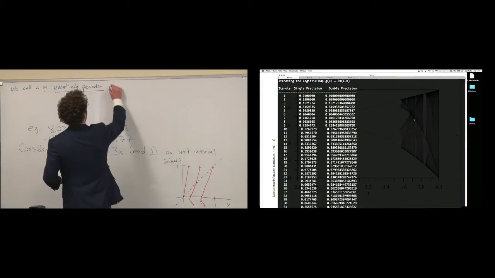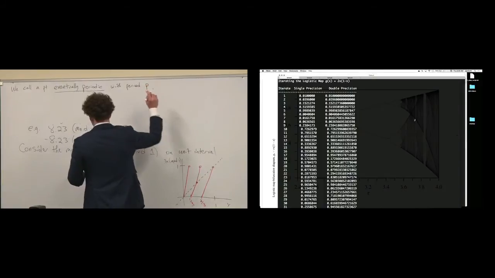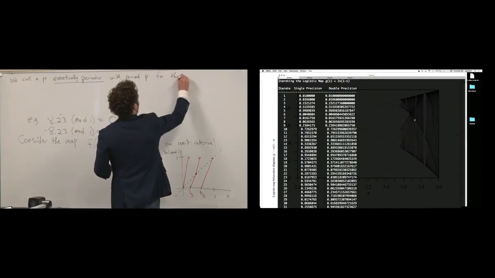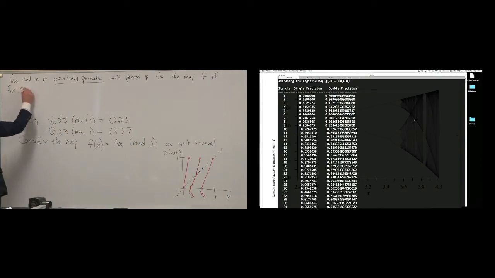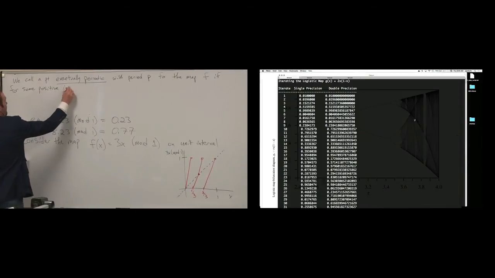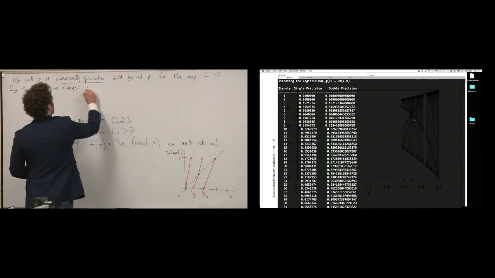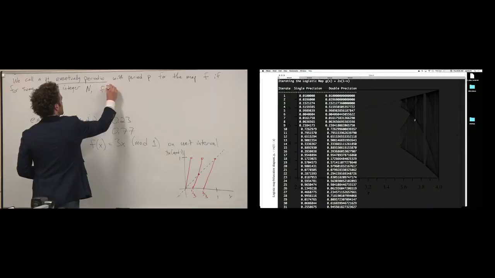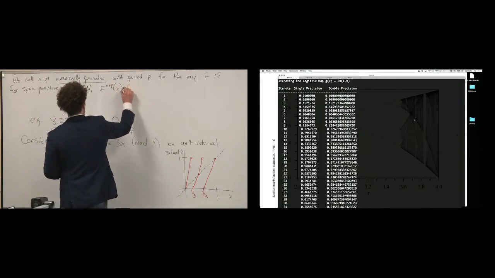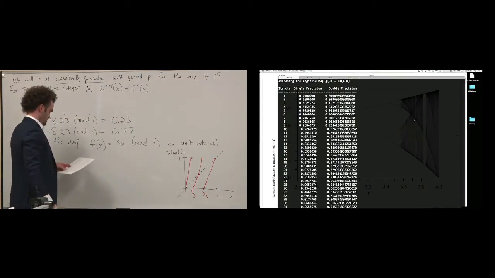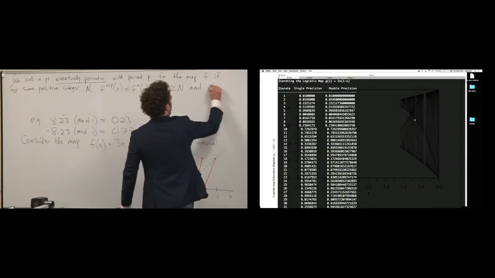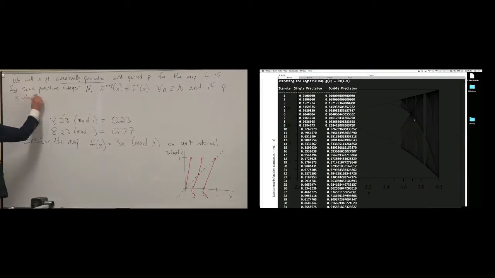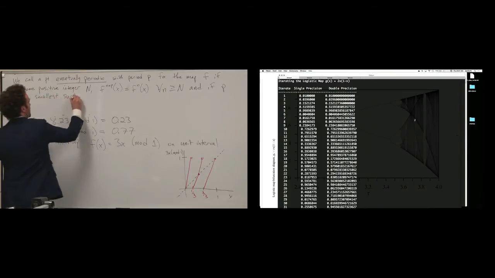We'll call a point eventually periodic with period p for the map F if for some positive integer capital N, we have F^(n+p)(x), iterating f that many times, equal to F^n(x) for all n greater than or equal to some capital N. And p is the smallest such positive integer.